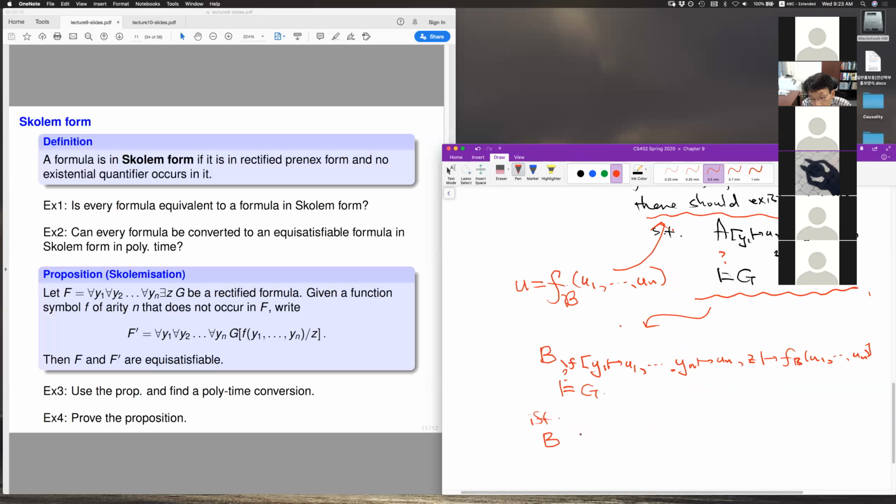the first. There is some general version of the relevance lemma where, because function symbol f doesn't really appear, this satisfiability is essentially identical to this one.